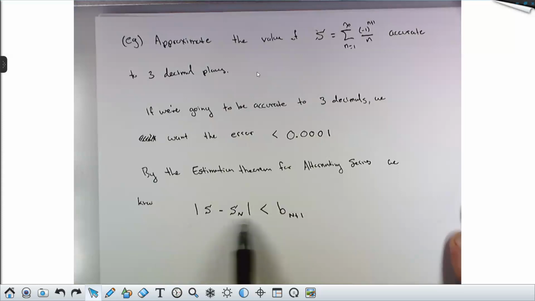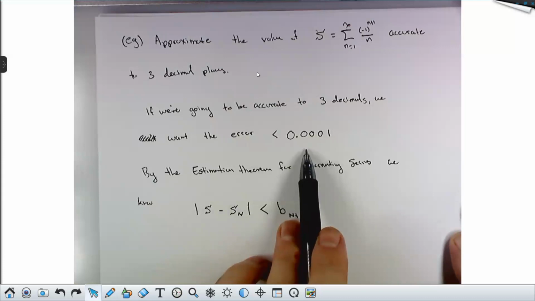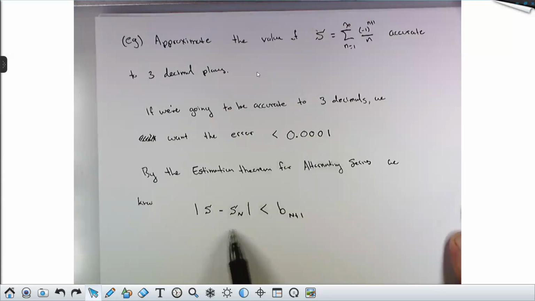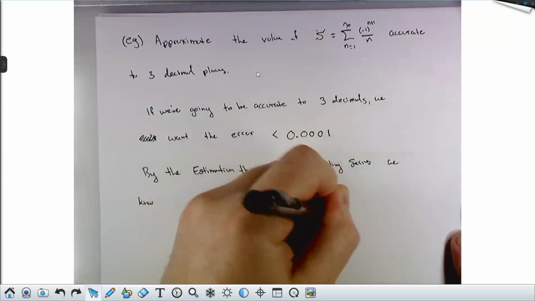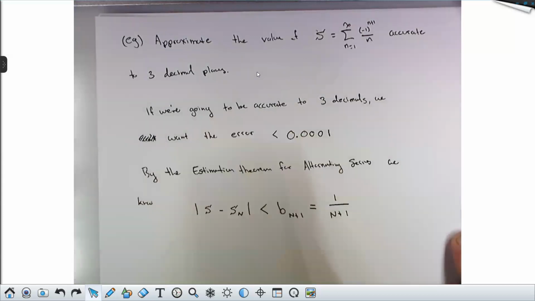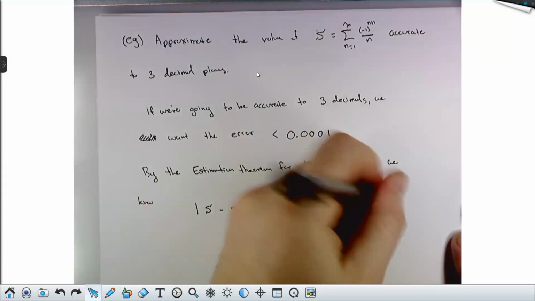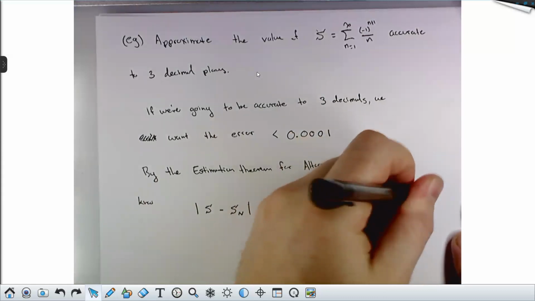We want the error to be small, less than this. And we know that the error is less than bn plus 1. Bn plus 1 is 1 over n plus 1, right? Because bn here is 1 over n.